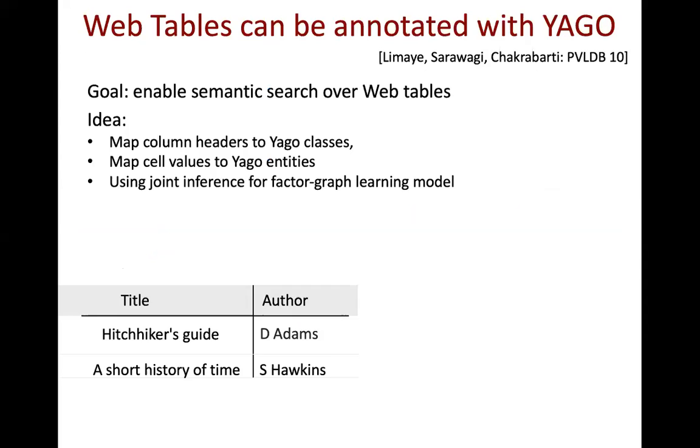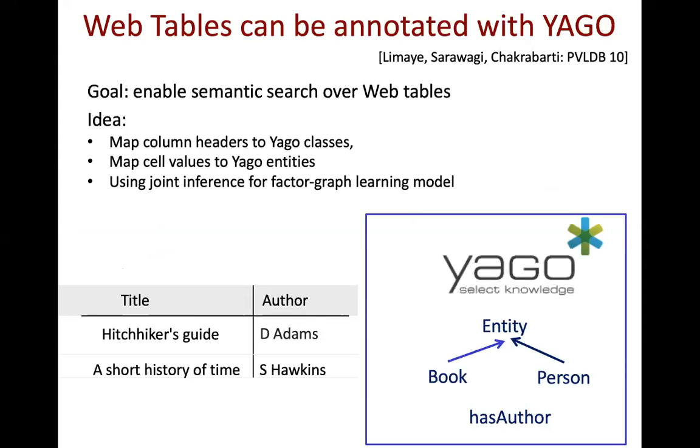Web tables can be annotated with YAGO, and the goal here is to enable semantic search over web tables. The idea is to map column heads to YAGO classes and map cell values to YAGO entities, using a joint inference factor graph learning model. So an example would be a table with a title, and then the items, like A Brief History of Time and Stephen Hawking, so you can take a book, you can take a person, and then in YAGO there are also author relationships coming out of that.